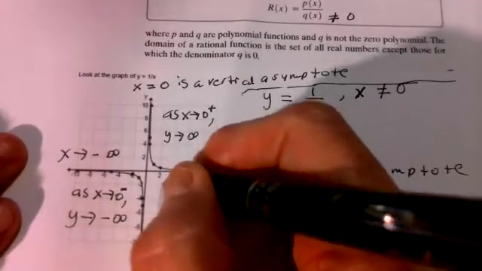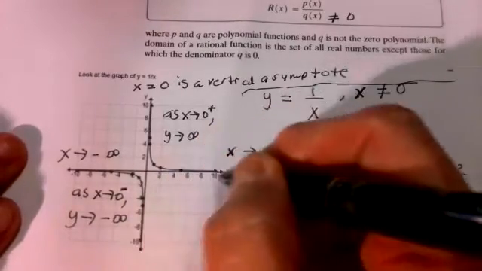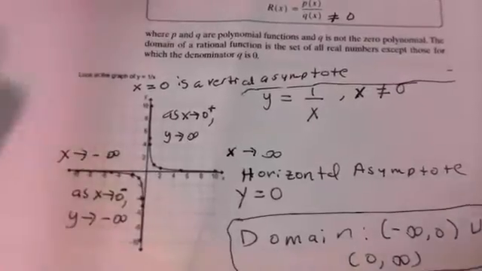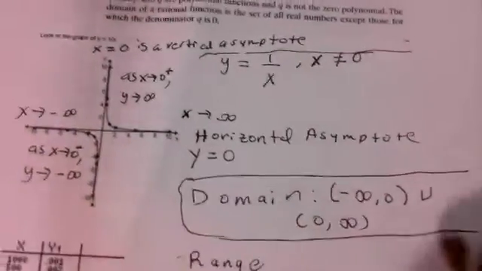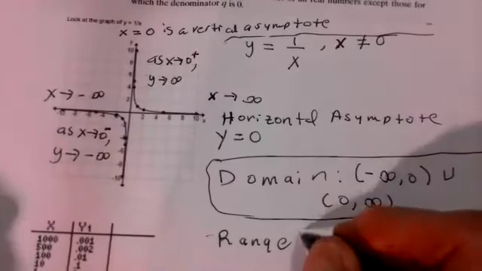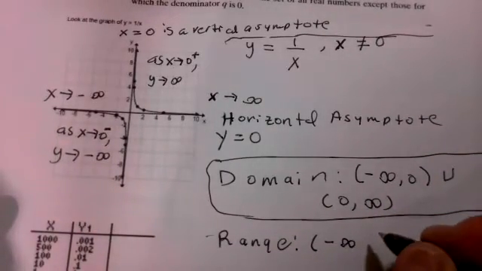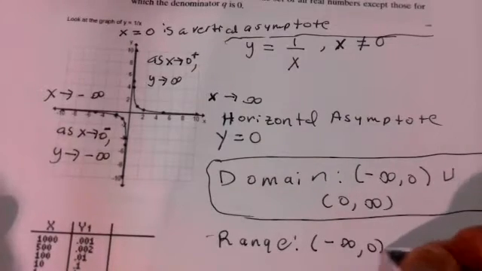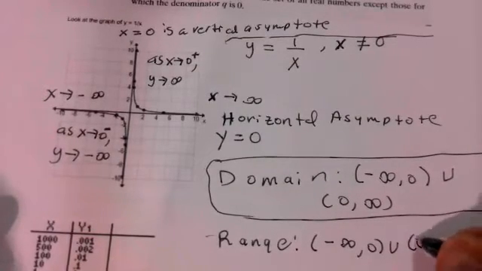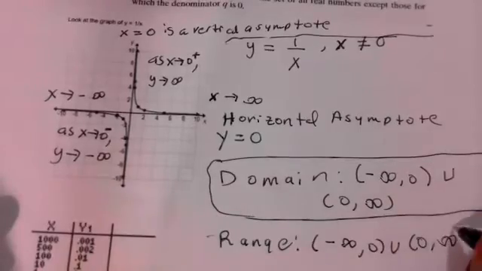It could come down and then come back up. We're not really going to look at those that much, but it is possible. So the range would be the same thing: from negative infinity to 0, union 0 to infinity.